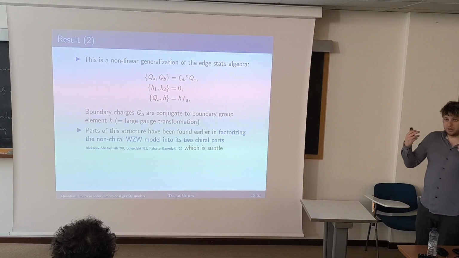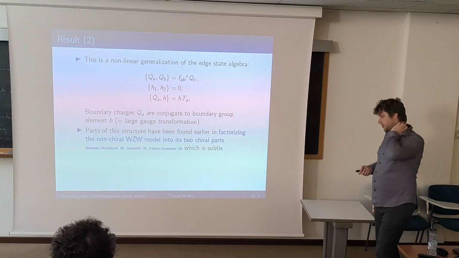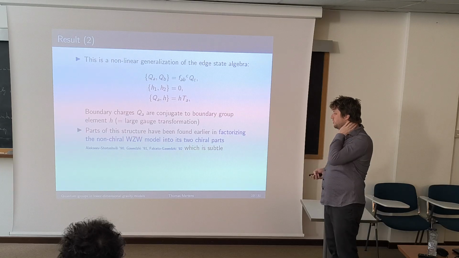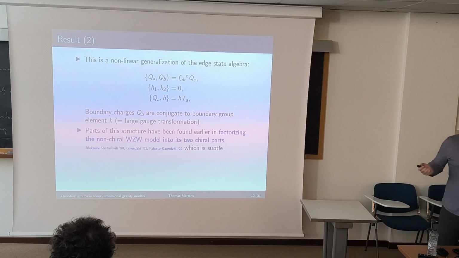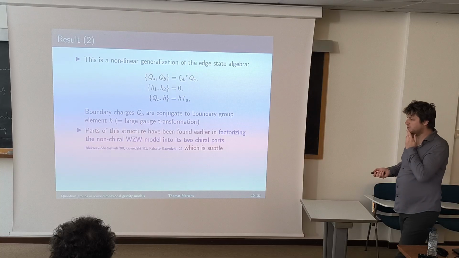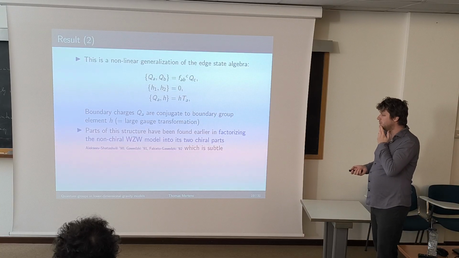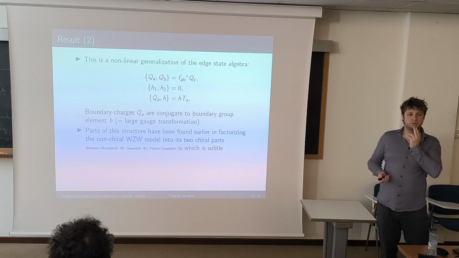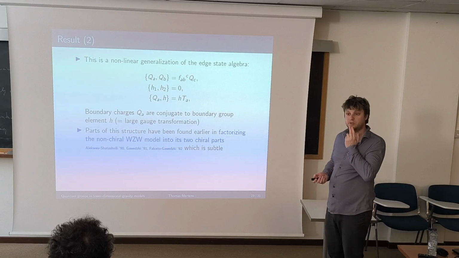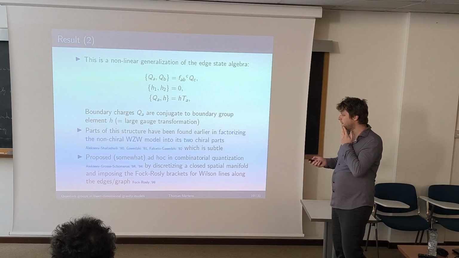Now, this non-linear structure at the entangling surface, parts of this structure have been found earlier, and this was also part of our inspiration in early literature from the early 90s, when people looked at how to factorize the non-chiral WZW model into its two chiral parts, and this is a non-trivial thing to try to do.